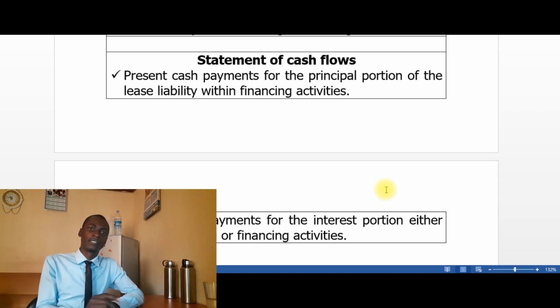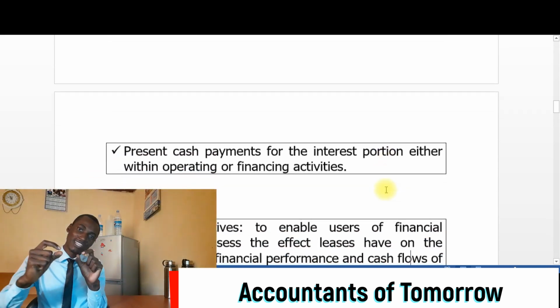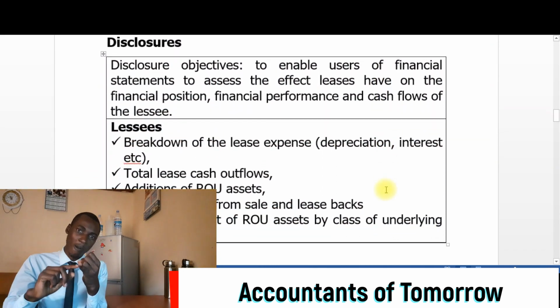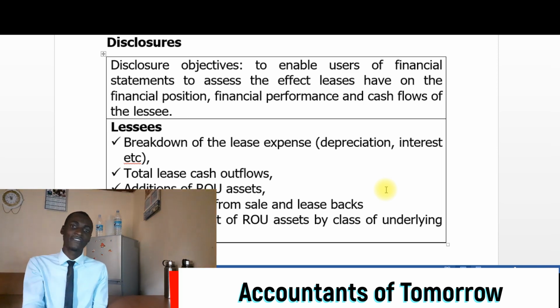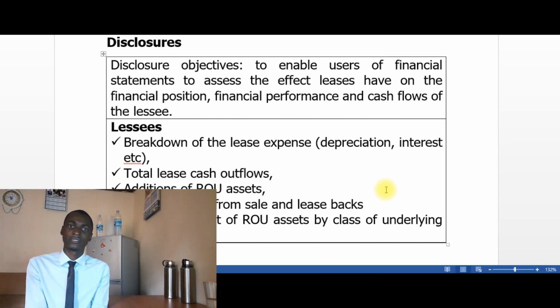Now what about in the statement of cash flows? Remember, in the statement of cash flows, you present your cash flows under three main headings. That is cash flows from operating activities, investing activities, and financing activities. Now what do we present in the statement of cash flows in respect of leases?